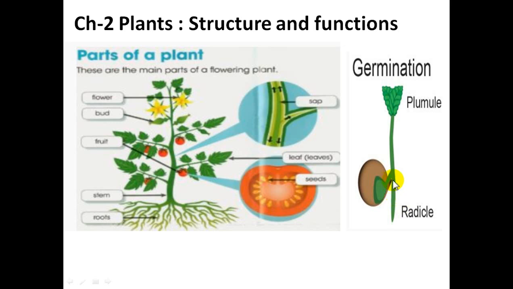From here, this point will be radicle, while this point will be plumule, from where the new leaves start growing, or from where the roots start developing. That is called radicle. From where the stem part or the shoot part starts developing, that point is called plumule.